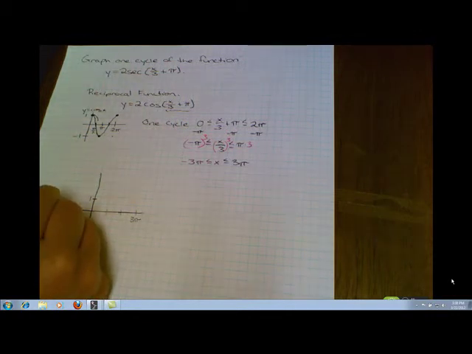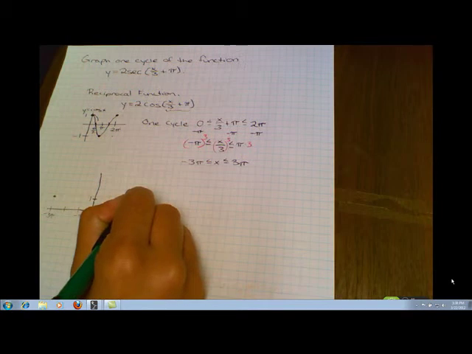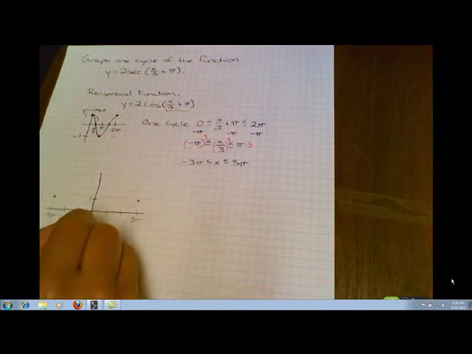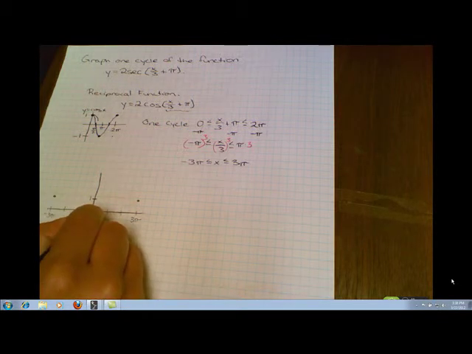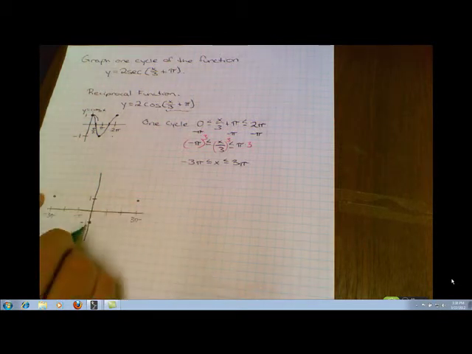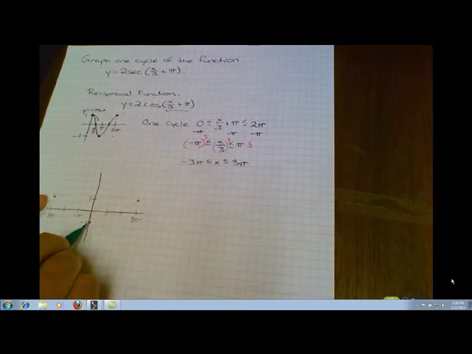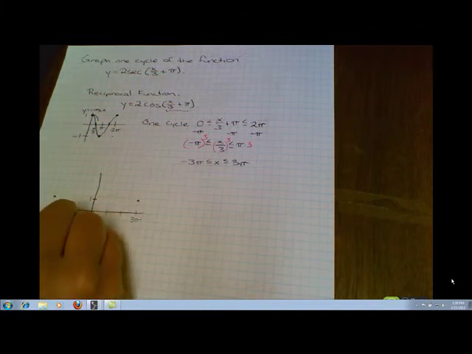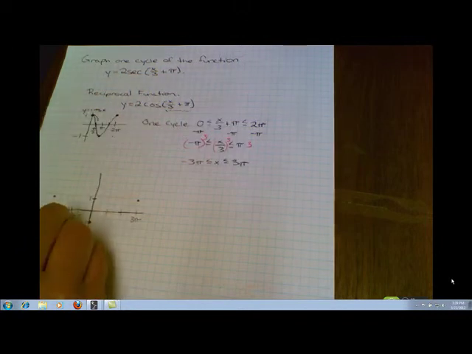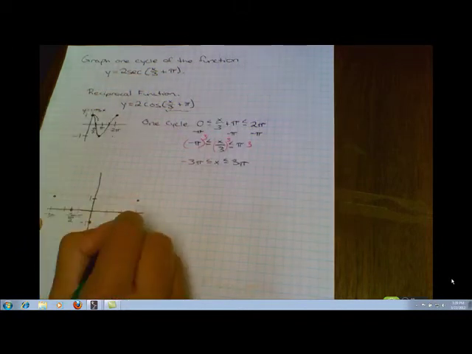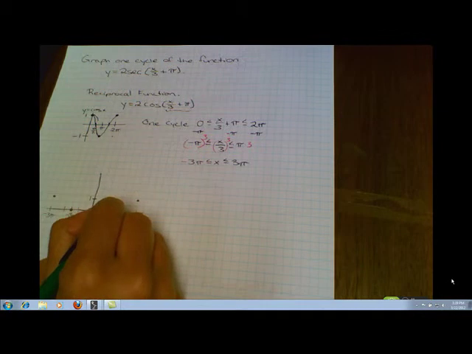Okay, now let's remember what we just said about the shape of the graph of cosine of x. The y value starts at +1, ends at +1, and right in the middle, so that'd be when x is 0, you have a y value of -1. Halfway between that maximum and minimum value, so halfway between 0 and negative 3 pi, when you mark off negative 3 pi over 2 right here, we'll get an x-intercept.